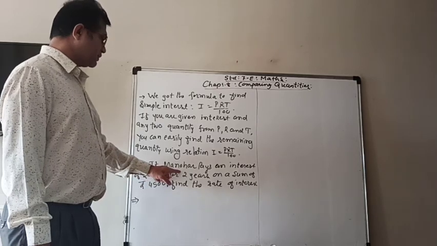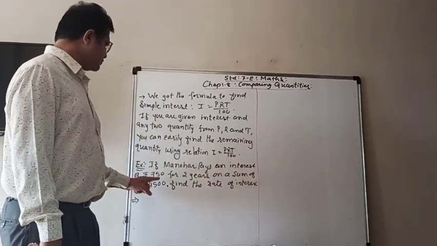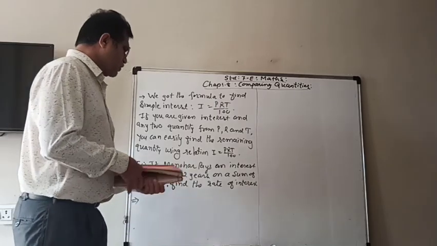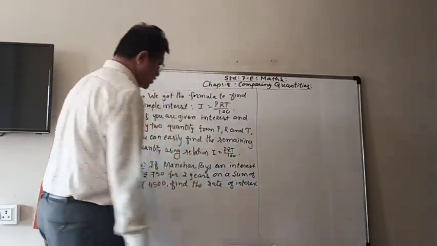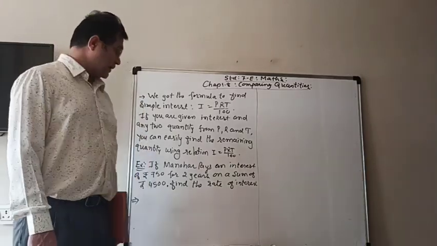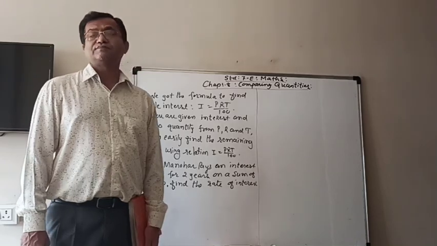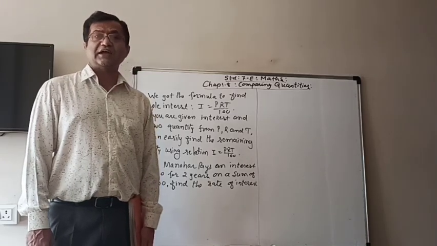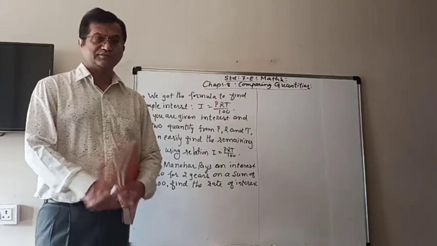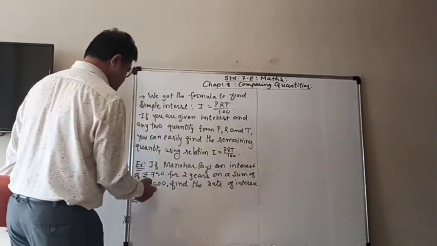If Manohar pays an interest of rupees 750 for 2 years on a sum of rupees 4,500, find the rate of interest. So here the rate of interest is not given. What is given? Let us write down. So here an interest is given.